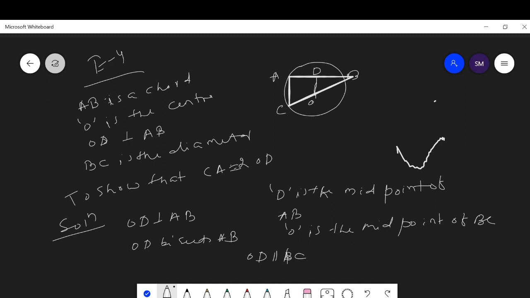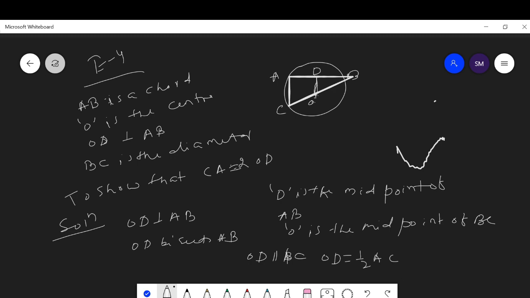This means OD is equal to half of AC, since the segment joining the midpoints of two sides of a triangle is half of the third side. As you know from the triangle theory, the segment joining the midpoints of two sides, here D is the midpoint and O is the midpoint, is half, and OD is parallel to AC as per the given conditions.